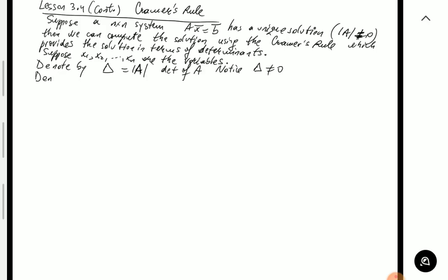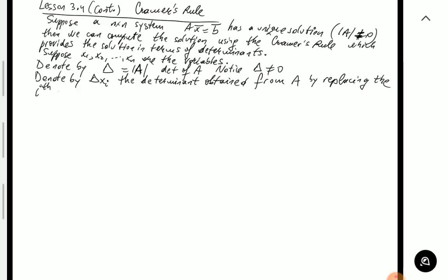And pay attention here, denote also by delta xi the determinant obtained from A by replacing the ith column of A with b bar, which is the right hand side of the system itself.